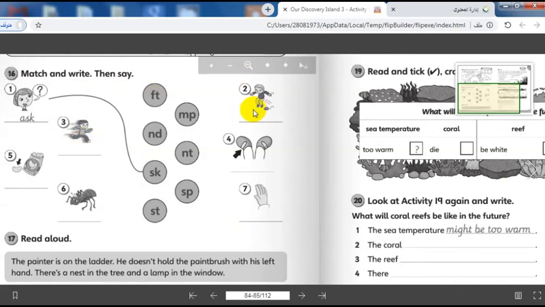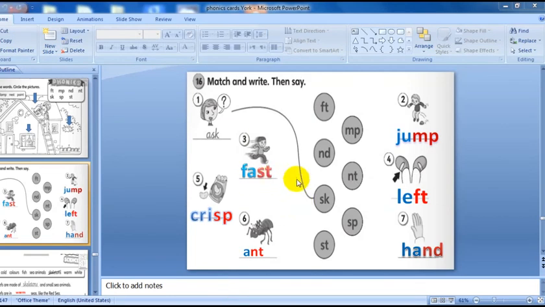So here jump, fast, left, crisp, very good. This is an ant and this is a hand, right? Let me show you the answer. So here you can find the answers. The first one is done, ask. Here is fast, jump, left, crisp, ant, and hand.